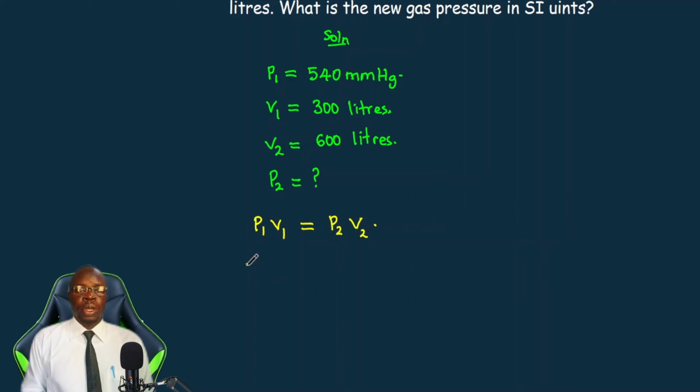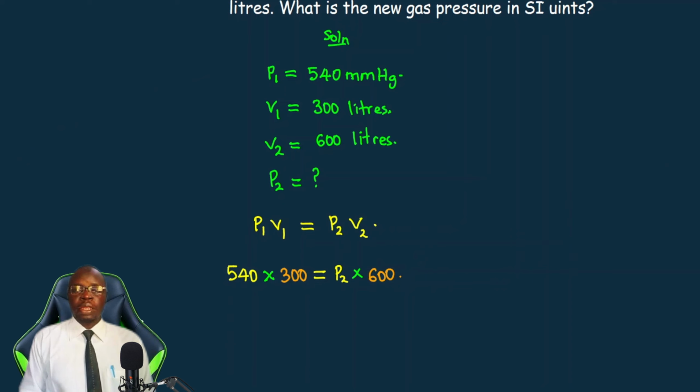Now our pressure 1 is 540, and we are multiplying it by volume 1, that is 300, and we equate it to pressure 2, and that is what is not known. Then we are multiplying it by volume 2, and our volume 2 is 600.